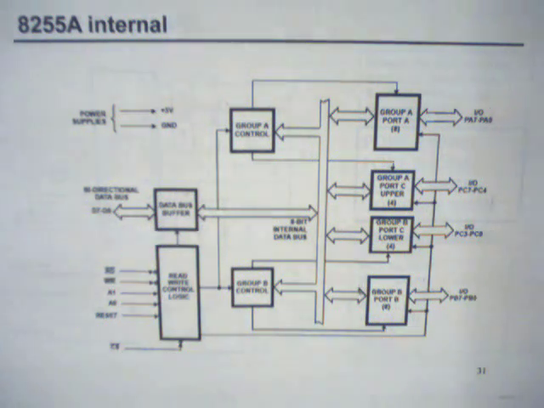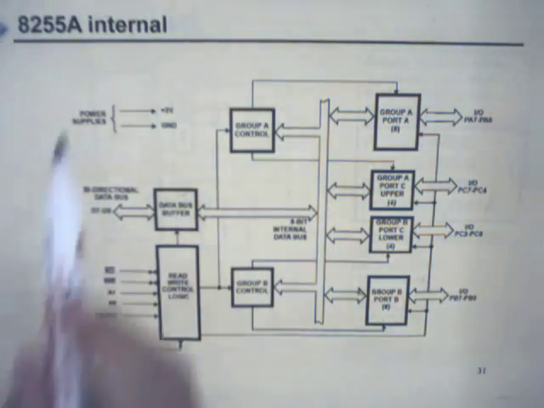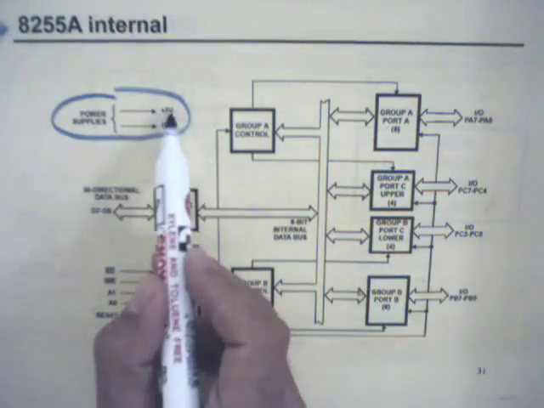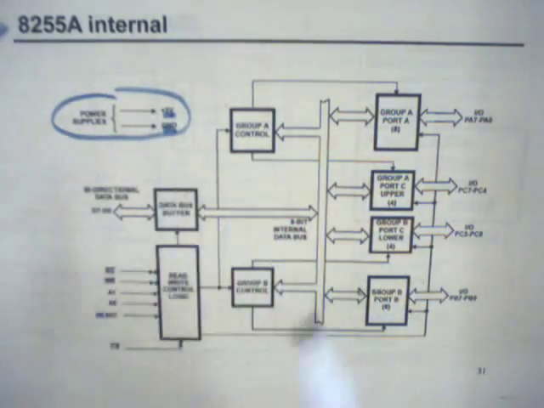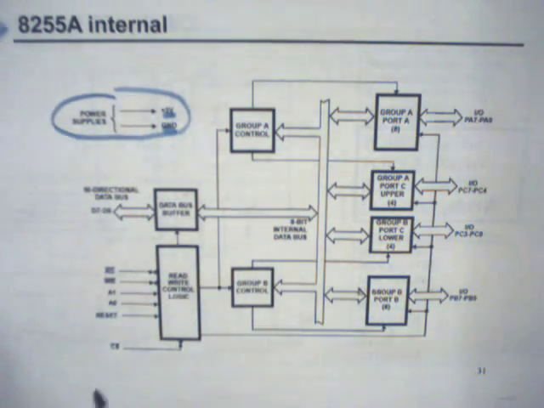Now let's look at the internal structure of the 8255 integrated circuit. Our circuit has power supplies. They are 5 volts and 0 volts. So we have associated 2 pins to realize power flow or energy flow inside the integrated circuit.